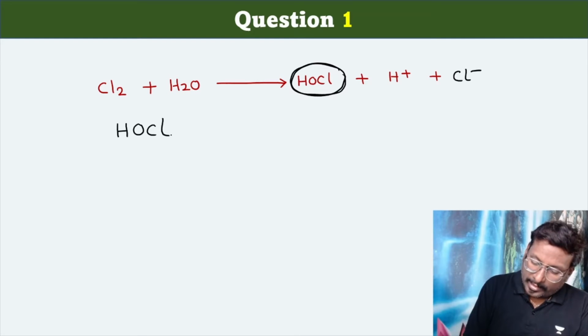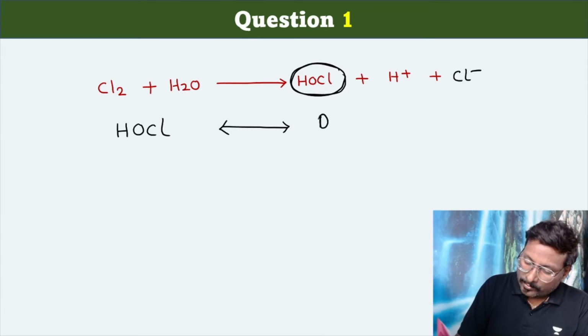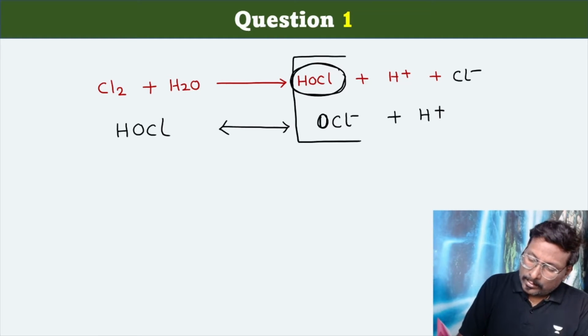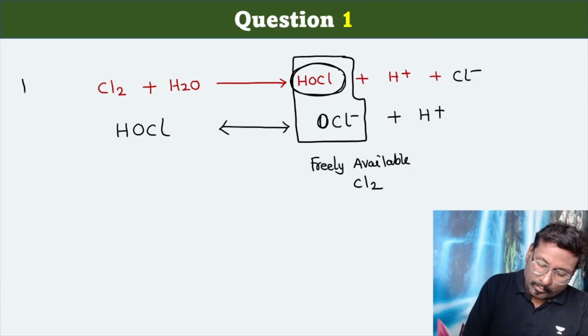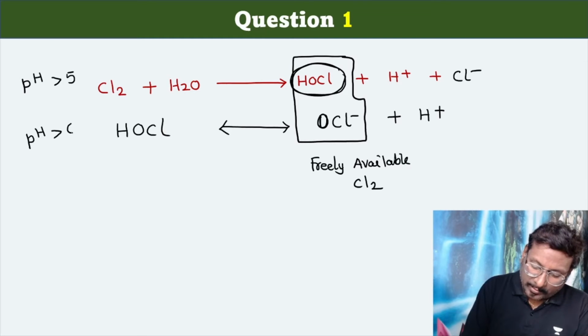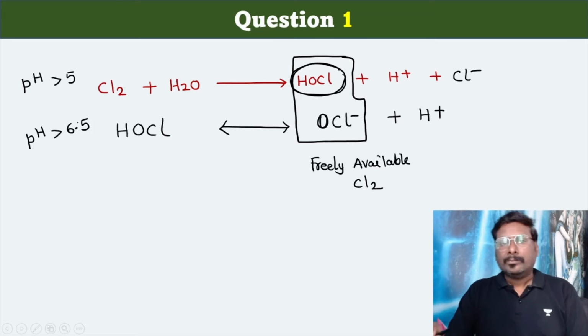This HOCl later on, by a reversible reaction depending upon the pH, breaks down into OCl minus and H plus. So this HOCl and OCl minus are the freely available chlorine. The first reaction occurs at a pH greater than 5. The second reaction occurs at a pH greater than 6.5.